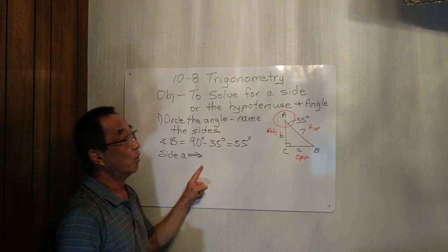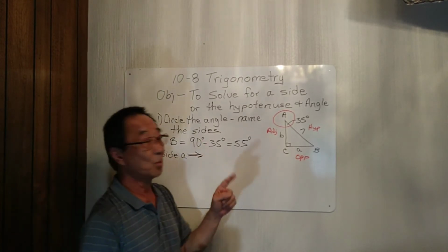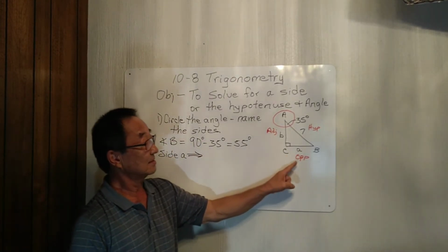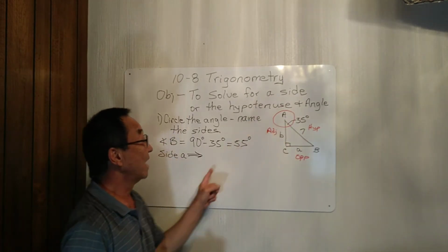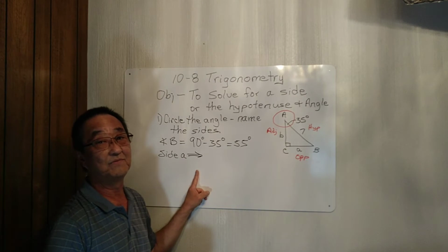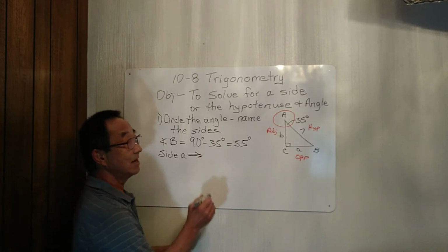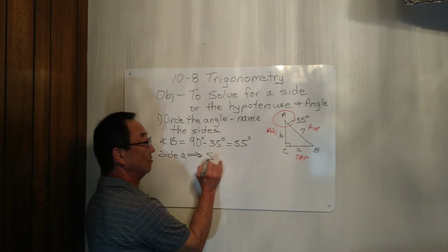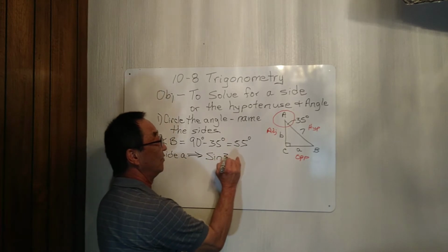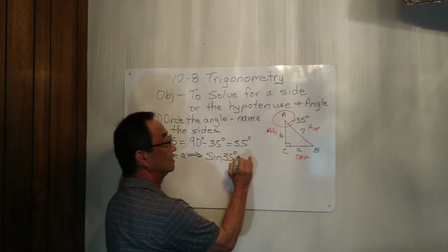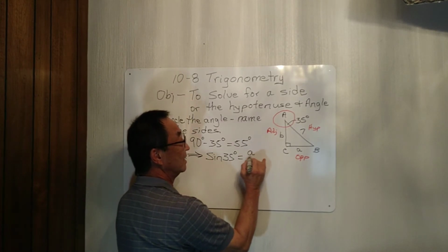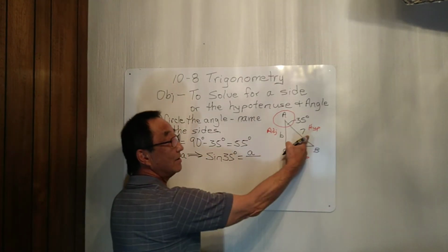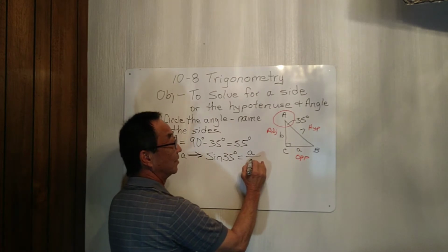So the question you ask yourself is, which trig function does opposite and hypotenuse? If you look back at the table that you had from before, opposite and hypotenuse is sine. So you write down sine of 35 degrees is equal to the opposite side, which is little a, over the hypotenuse, which is 7.